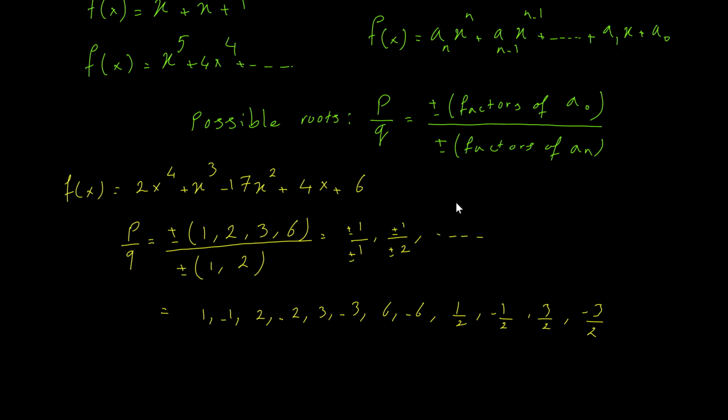Now let's jump into one example and see how we can use the rational root test to find the possible roots and then use the possible roots to find the actual roots of that polynomial. For our first example, let's say that we have the polynomial p of x is equal to 3x to the third minus 4x squared minus 17x plus 6.